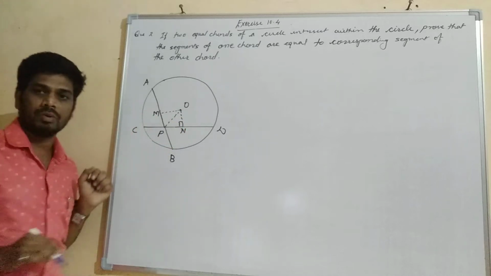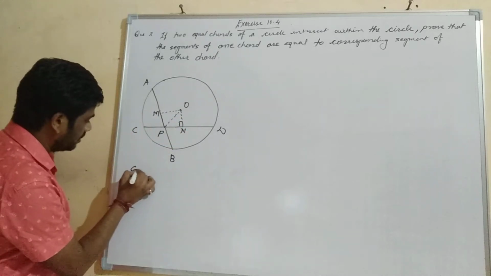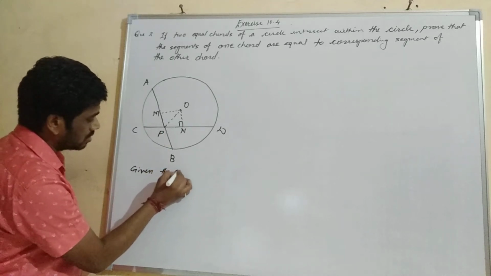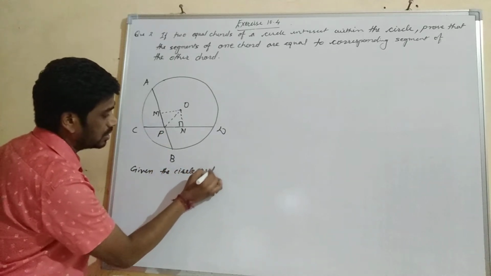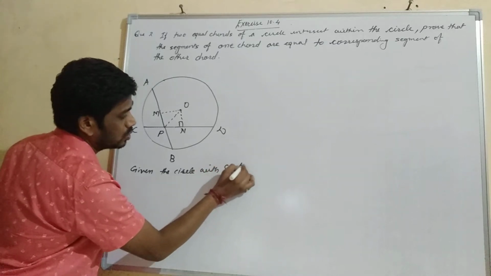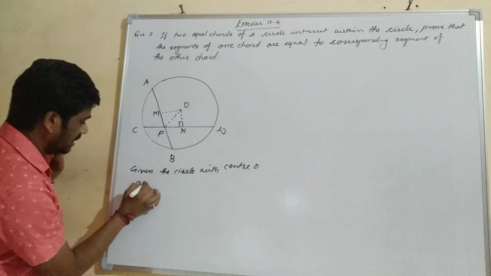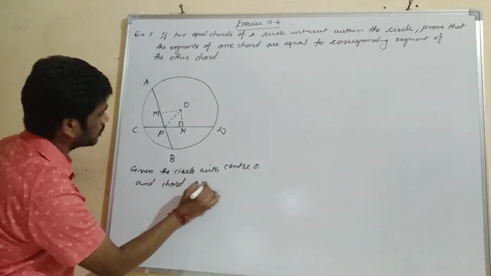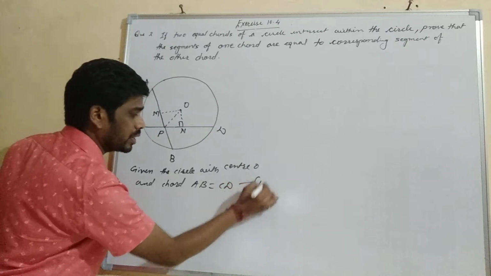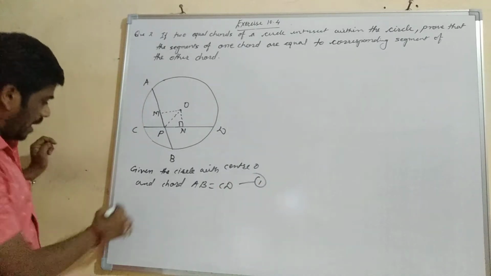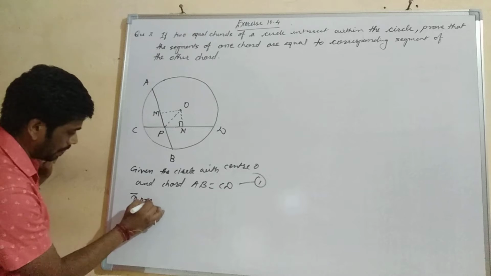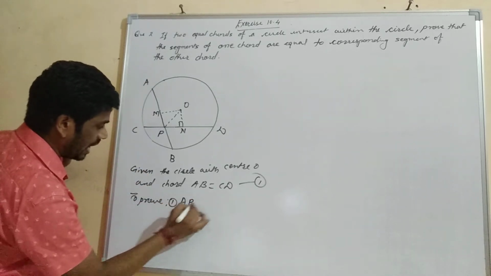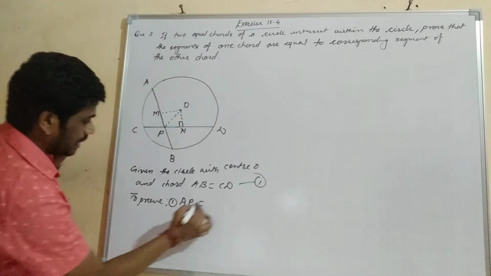Okay, so we will write here, given: the circle with center O and chord AB equal to CD. This is equation 1. This is given, and we have to prove, first, AP equal to PD.